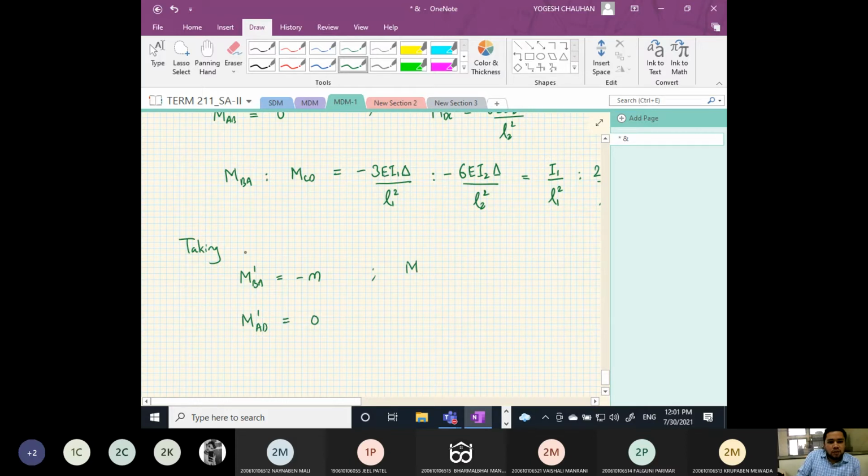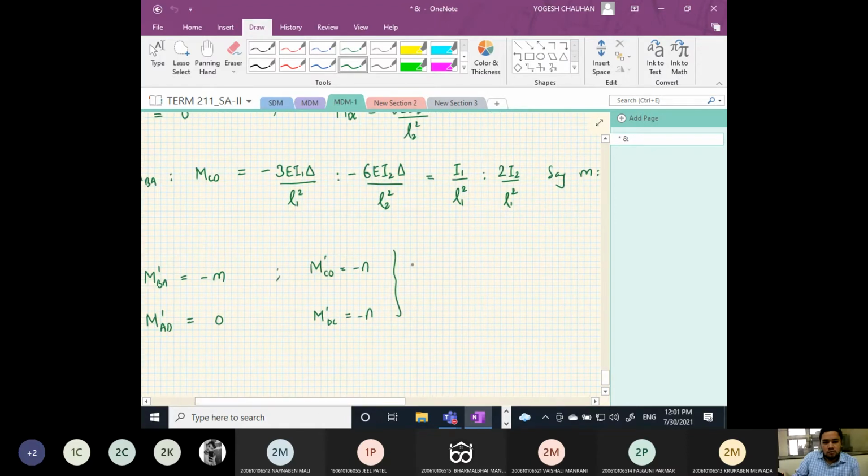Taking these moments for sway analysis, MCD dash will be minus 2N, MDC dash will be equals to minus N. These are the arbitrary moments for sway analysis.